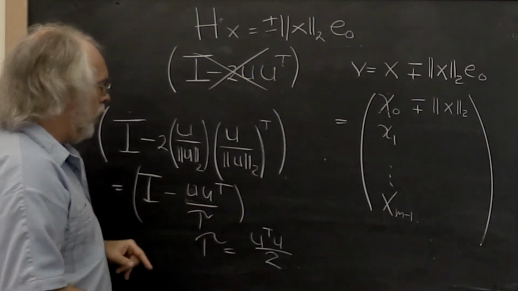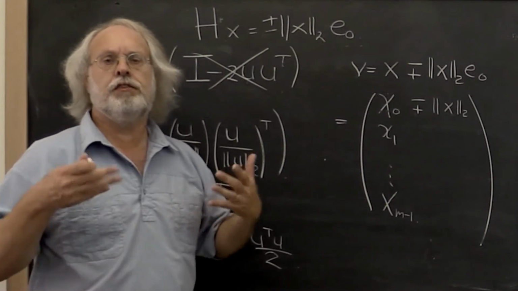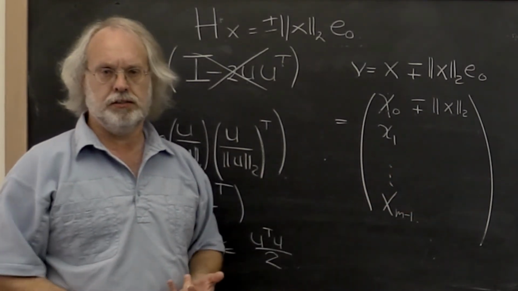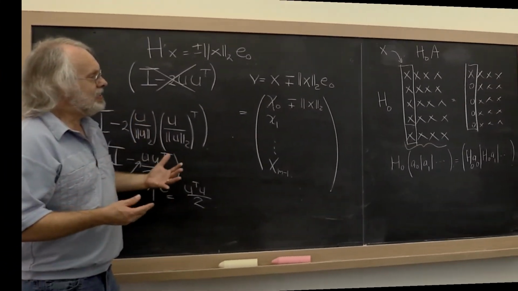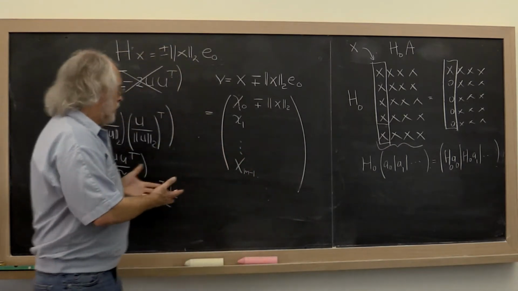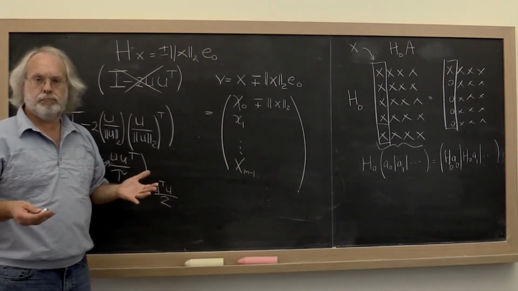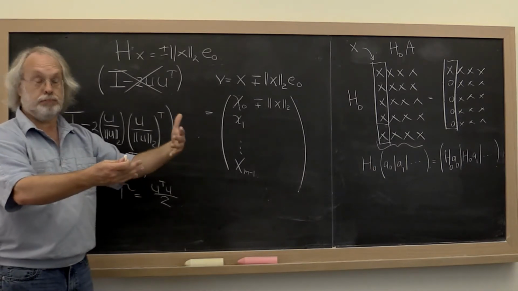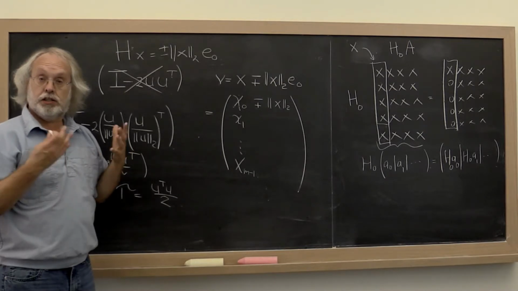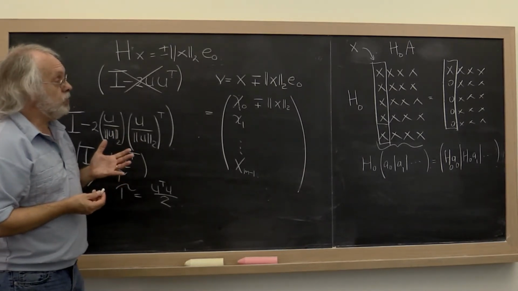Why is that? Let's start calling this vector u the Householder vector. It's really the vector that defines the Householder transform. Notice that as we compute the QR factorization, we would want to store these vectors u somewhere, because eventually we want to accumulate all of these unitary matrices into one matrix Q. So how does that work?